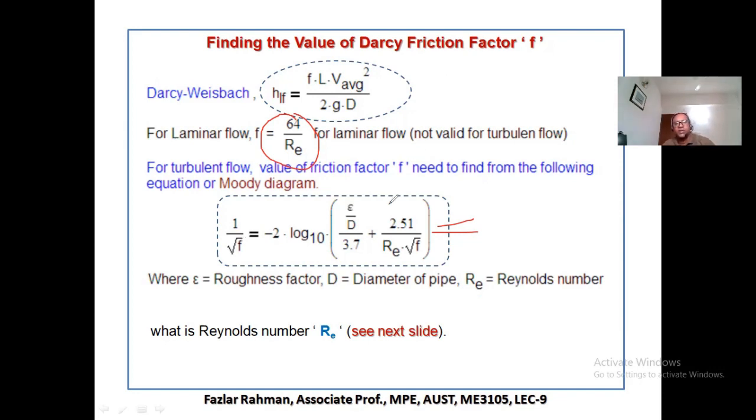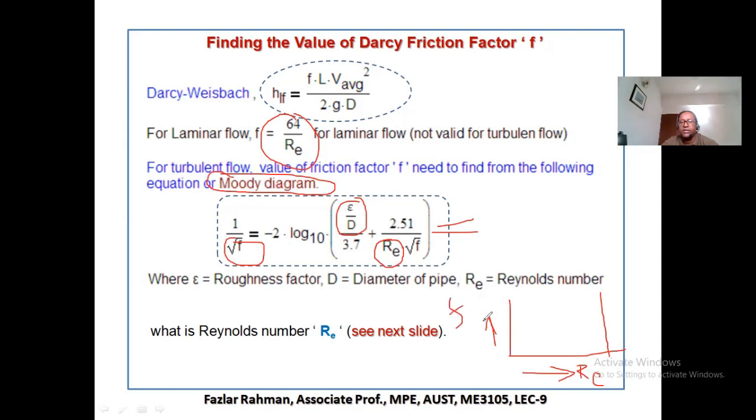But you don't need to worry that much, because how many variables are there? Reynolds number, surface roughness, and the friction factor. And there is a diagram called the Moody diagram. It is a chart. In the Moody diagram, they plot this graph along three axes. Along the horizontal axis, they put the Reynolds number, Re. Along the vertical direction, they put the friction factor.